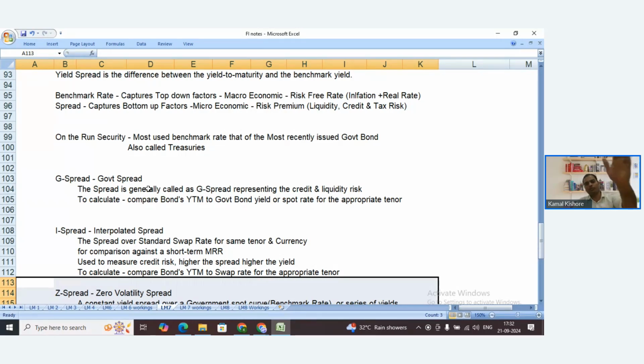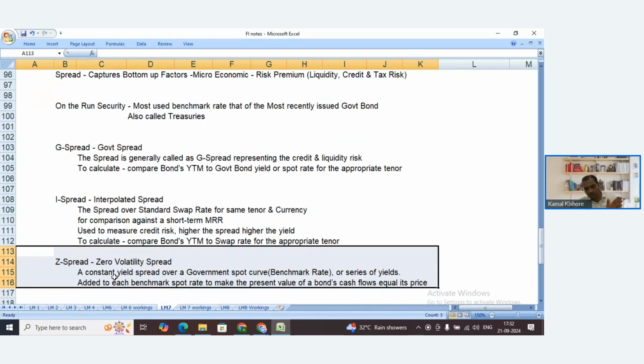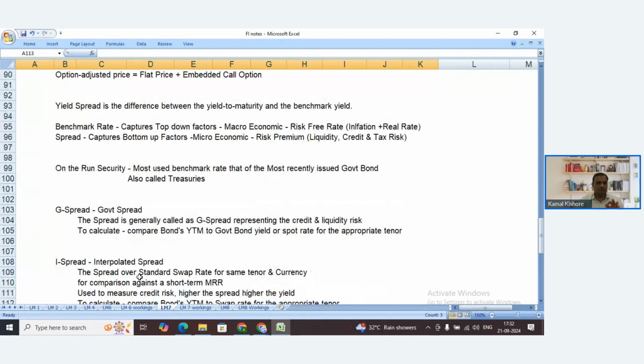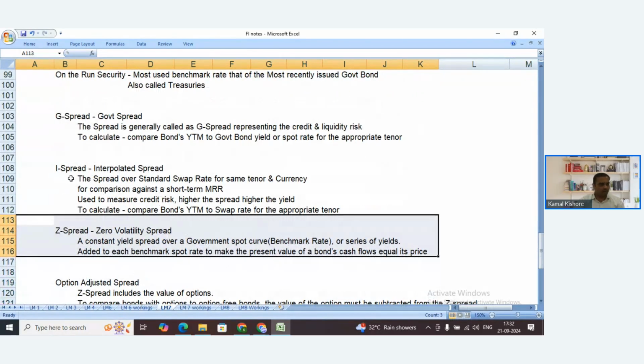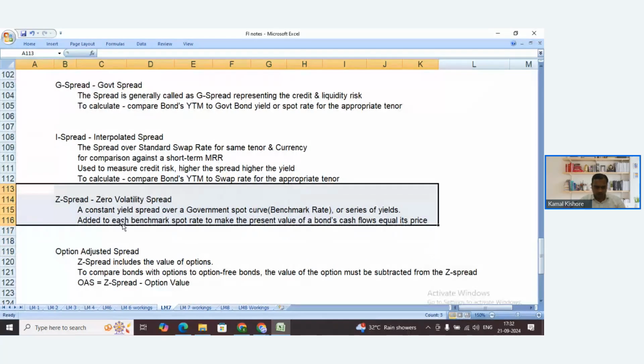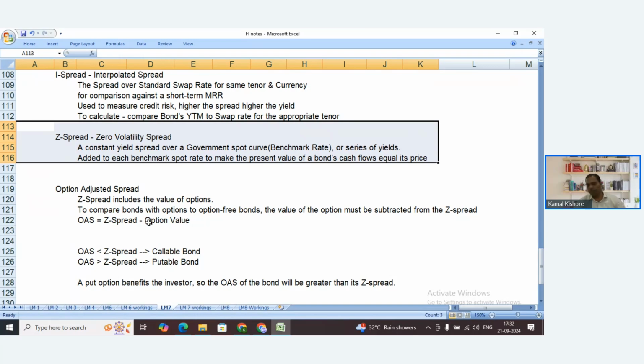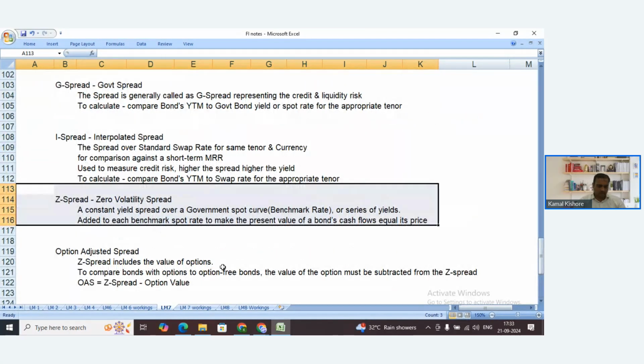Okay, let's say for an appropriate tenor, meaning a 10-year bond or a 5-year bond. This is across multiple years, multiple periods: constant spread, zero volatility spread. These are the two main factors we are talking about. Obviously, there is calculation for I spread also and G spread also. Probably we will look at it in the next class, and then other things which come from your Z spread also, which we will look at in the subsequent class.